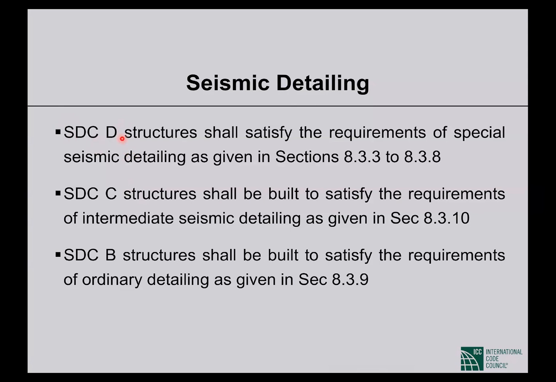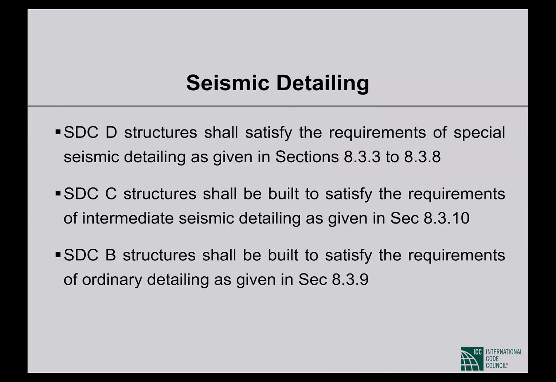So for seismic design category D, we have to follow these sections from 8.3.3 to 8.3.8, 6 sections, and these are quite extensive. A lot of provisions are there in these sections.